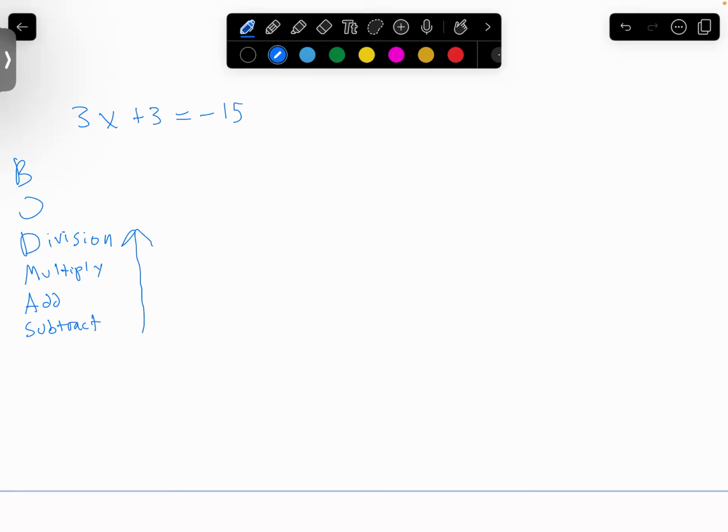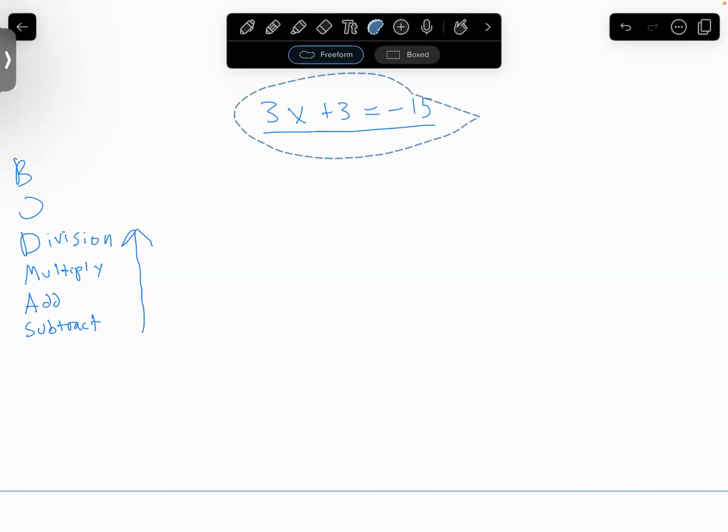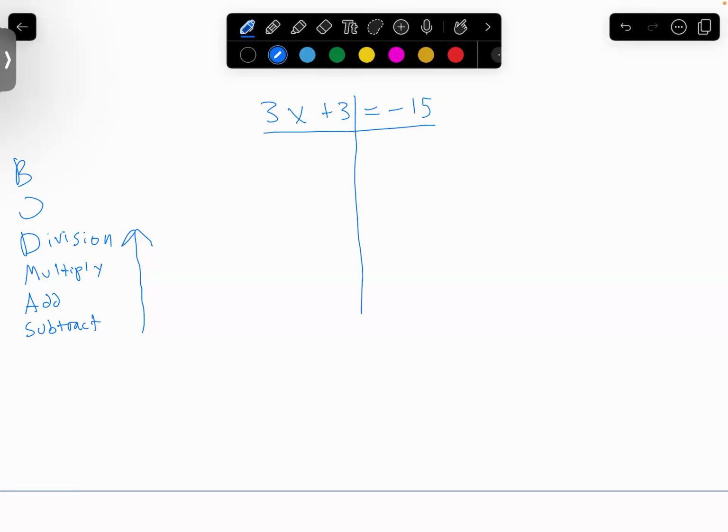We have this equation, 3x plus 3 equals negative 15. The first thing is that there is addition going on, and we want to do the opposite so that we can get 3x by itself. Because if we were to add 3, that would not help us. So we want to subtract 3 from both sides, as we see here.